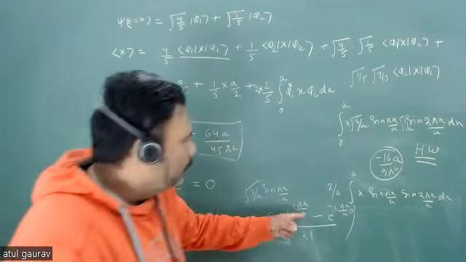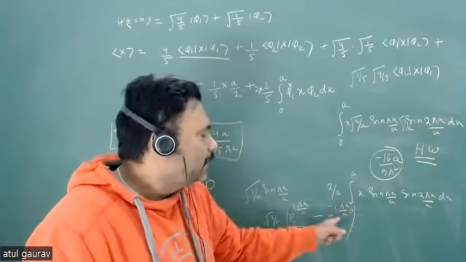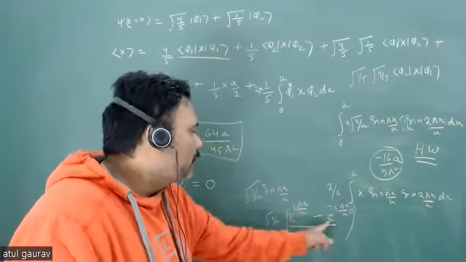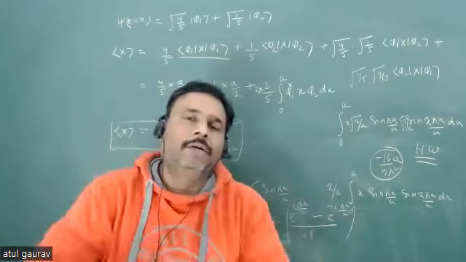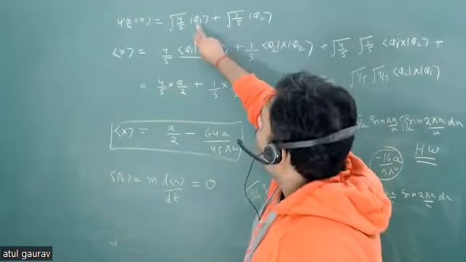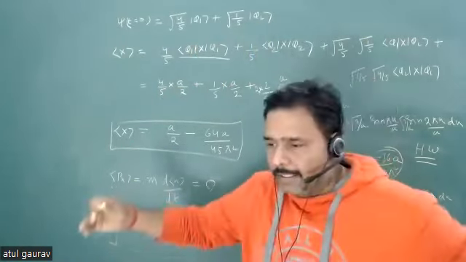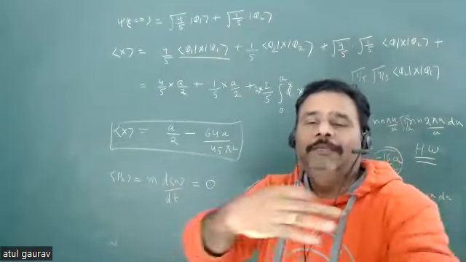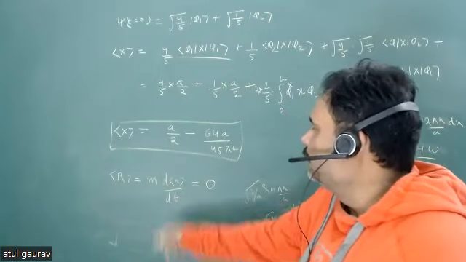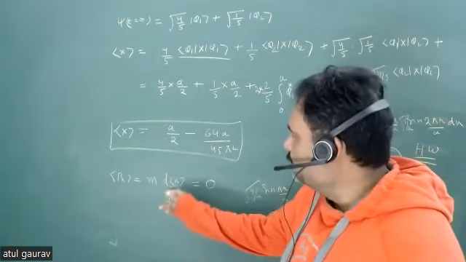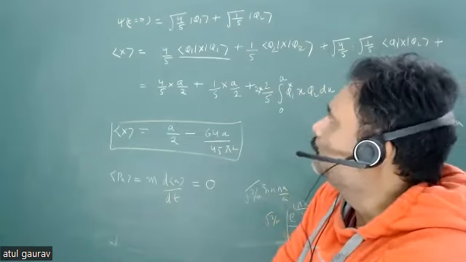The incoming momentum is h cut pi upon a and outgoing momentum is minus h cut pi upon a. और दोनों की कोफिशिएंट क्या है? सेम है. तो सेम अमाउंट ऑफ मोमेंटम इज कमिंग, सेम अमाउंट ऑफ मोमेंटम इज गोइंग. सो इसके साथ जो मोमेंटम होगा दैट विल बी आल्सो 0. सिमिलरली इसके साथ जो मोमेंटम होगा, the incoming and outgoing both have same amount, so that will be 0. And this is also coming in this case. And hence this is not a function of time. So this is going to be 0.